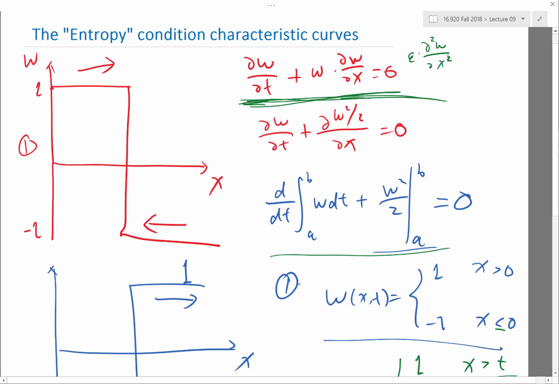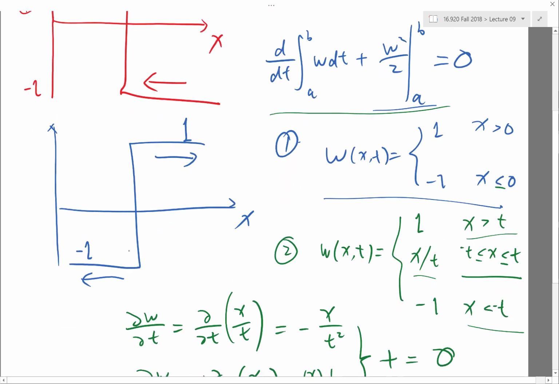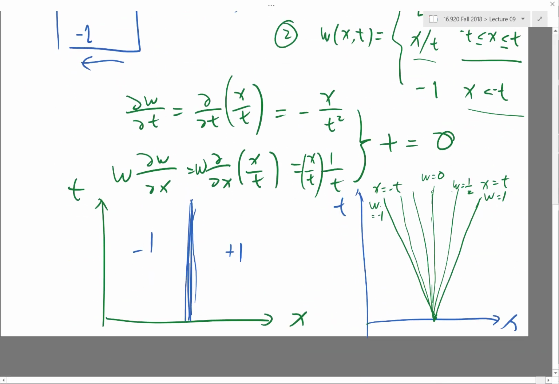And that infinitesimal diffusion term would actually make this discontinuity a very, very sharp but continuous slope after an infinitesimal amount of time. And when that happens, the first solution can no longer be maintained, and it's the second solution that would appear in reality. Right? Any questions?